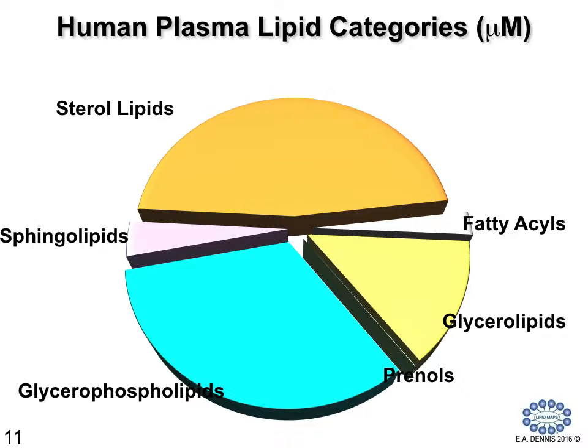Of the lipids, about half of them are sterol lipids, and the other five categories of mammalian lipids constitute the other half: sphingolipids, glycerophospholipids, prenols, glycerolipids, and free fatty acyls.